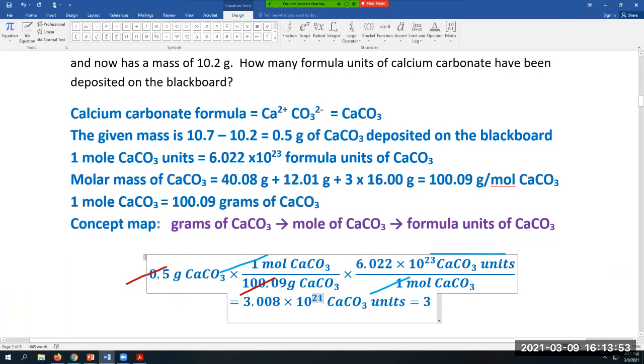So 3.008 times 10 to the 21 calcium carbonate units. And I was going to simplify that to 3 times 10 to the 21 units of calcium carbonate.